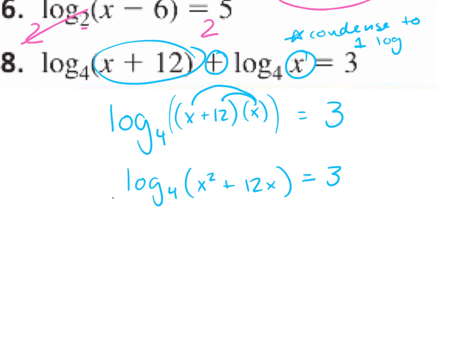I make the big base 4. So 4 to the power of log base 4 will cancel, and I'm left with x squared plus 12x is equal to 4 to the power of 3. What is 4 to the power of 3? 64.